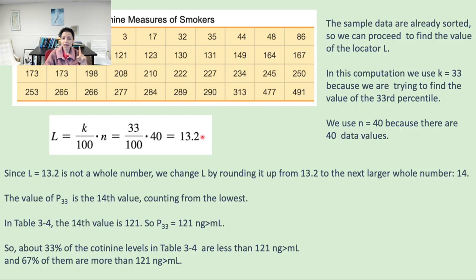Let's say L had turned out to be 13. Okay, we would find the value that's in the 13th position. That's 112. I didn't say it wrong. And then we would also look at the one that's in the next position up, 121. We add 112 to 121 and divide by 2, and that's the value of our percentile.